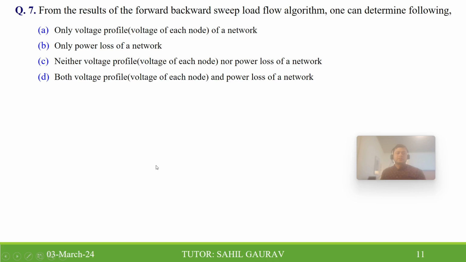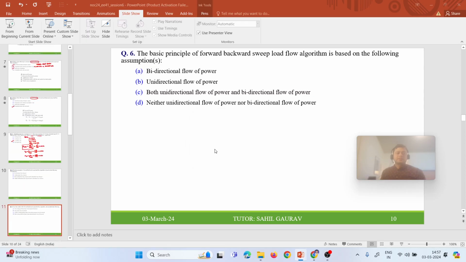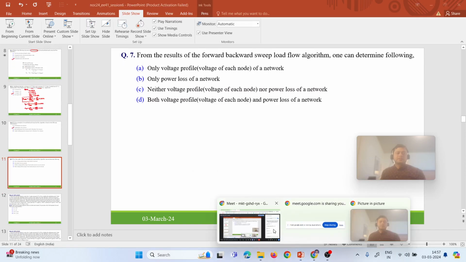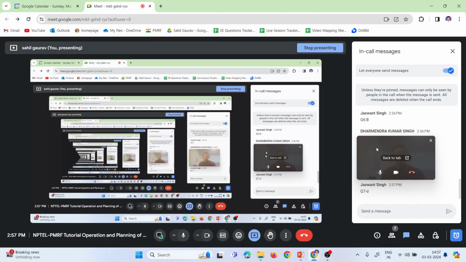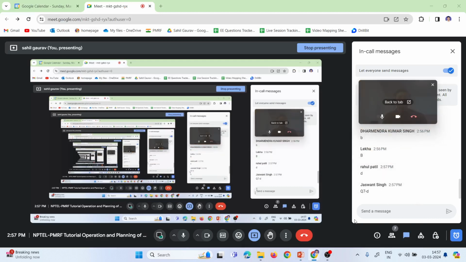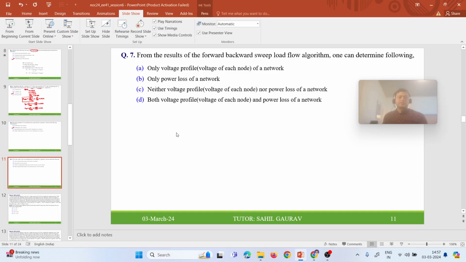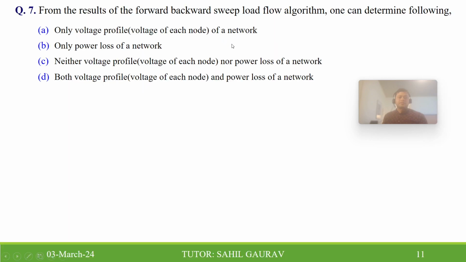So what should be the correct answer? Yes, D is correct. Just one thing, Rahul Patil, both of you are correct. D option is correct. Both voltage profile and power loss of a network we can determine using the forward backward sweep load flow algorithm.